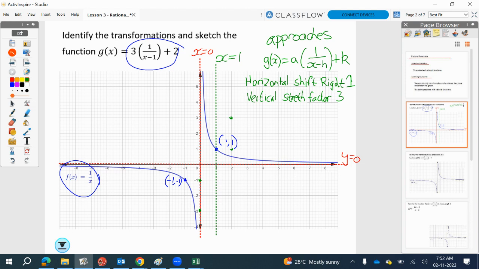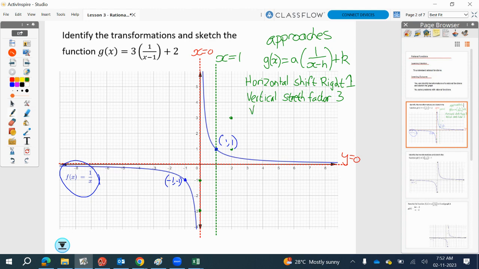And if we're evaluating this expression here, the last thing we're going to do is add 2 to everything. And if we add 2 to everything, what's that going to do to the function? It's going to give us a vertical shift.